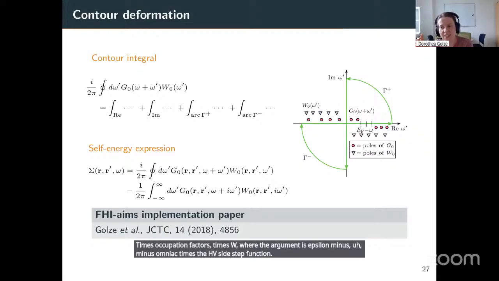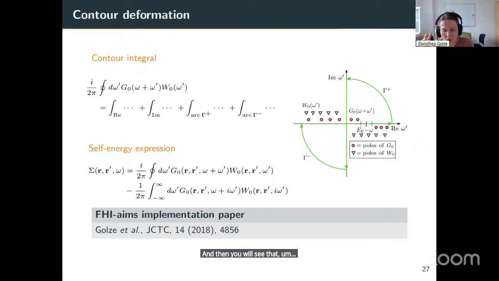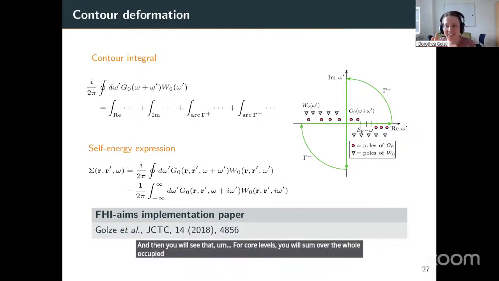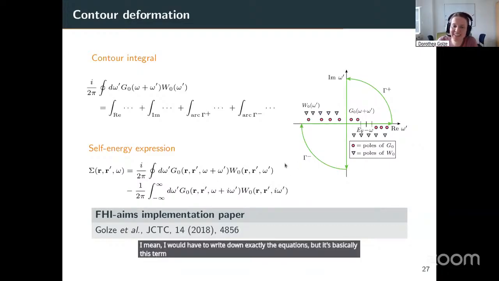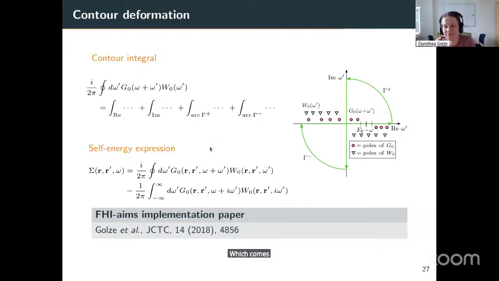And then you will see that for core levels, you will sum over the whole occupied states. And then W scales as N to the power of 4. You have a sum over occupied states in front of it, and then suddenly you have your N^5. I would have to write down exactly the equations, but it's basically this term that is screwing you over, which comes from this path integral.